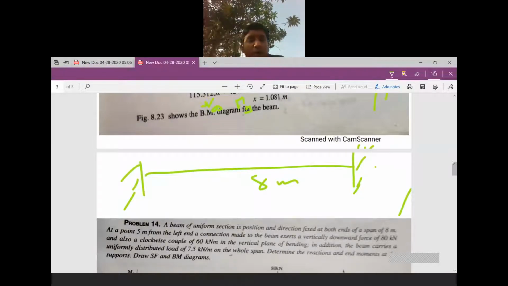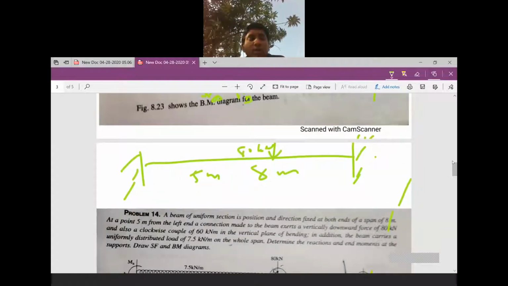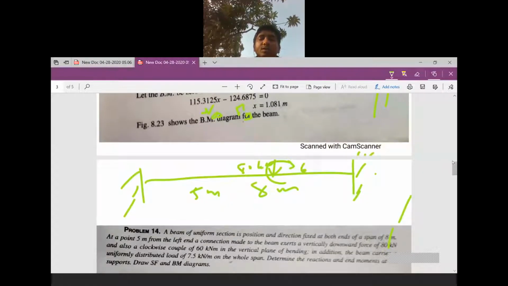At a point 5 meters from the left end, a connection made to the beam exerts a vertical downward force of 80 kilonewtons. At a distance of 5 meters from the left end, here you have the point load of 80 kilonewtons, and also he has given a clockwise couple of 60 kilonewton meter in the vertical plane of bending.